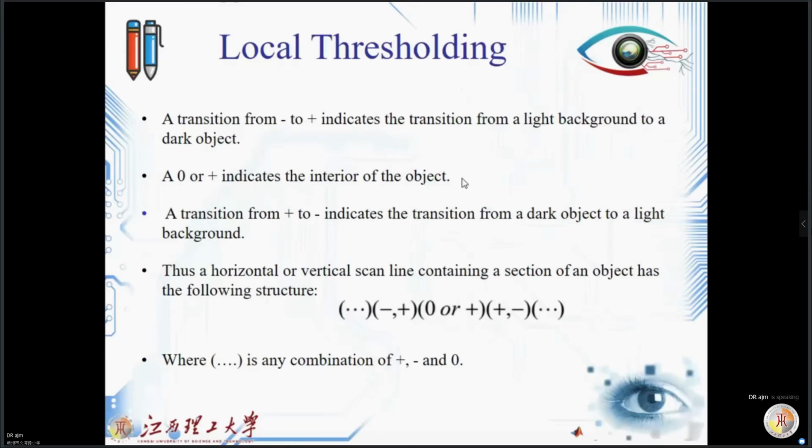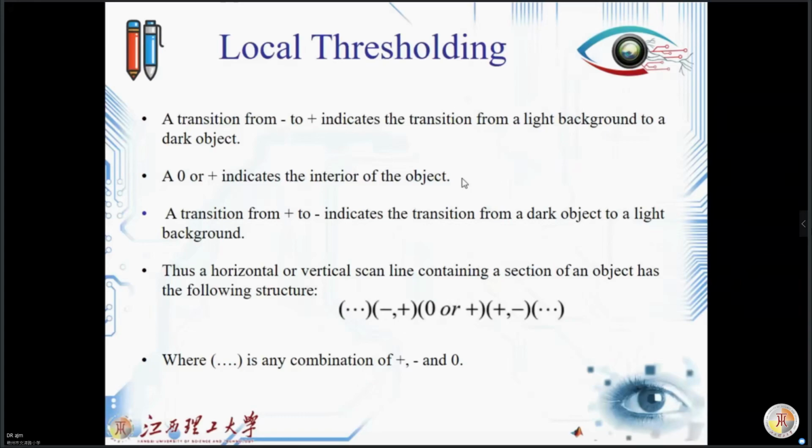Thus a horizontal or vertical scan line containing a section of an object has the following structure: minus, plus, 0 or plus, and then plus and minus, a combination of minus, plus, plus, minus, and 0 values.